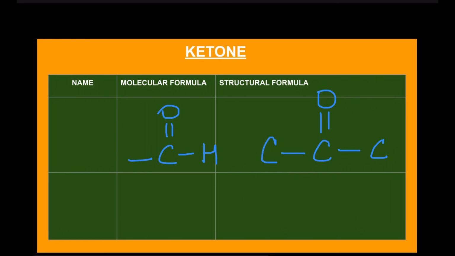So this is the difference between ketone and aldehyde. Aldehyde is this, ketone is this. In case of aldehyde, it is at the end of the chain. But in case of ketone, it will always be on the second or third carbon, in the middle of the chain. It cannot be at the end of the chain.